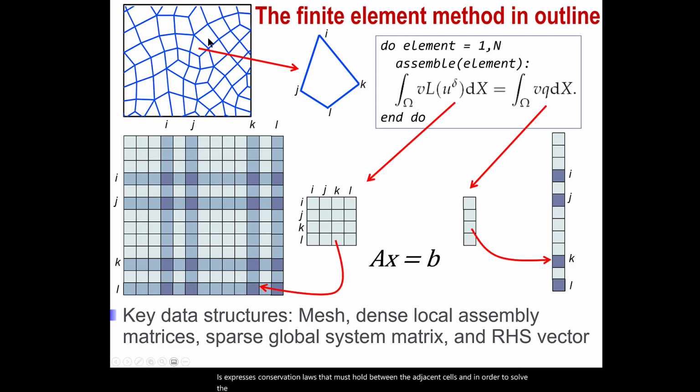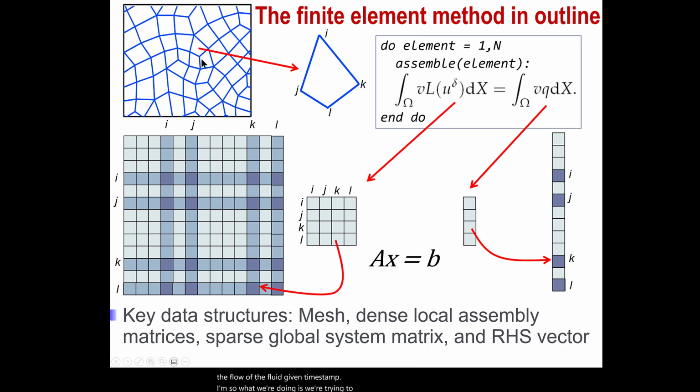And in order to solve the equation, what we need to do is to compute integrals along the edges of these cells, and from there derive couplings between the cells and construct a system of linear equations to represent those couplings, which we then solve to compute the state of the flow of the fluid at a given time step.